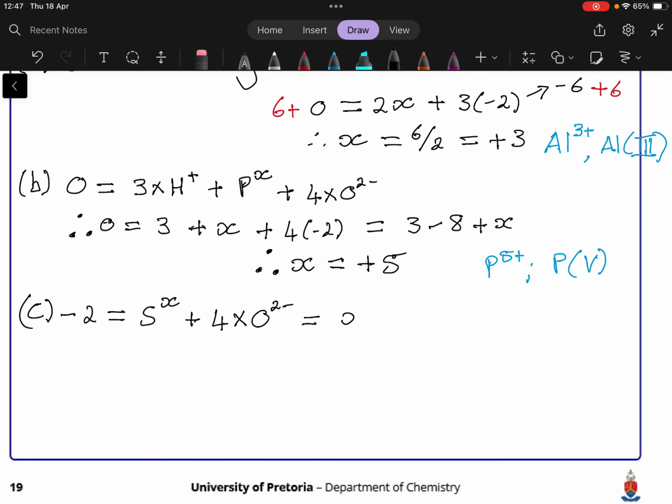So that means it's x minus 8. And we take minus 8 to that side. It becomes plus 8. So 8 minus 2, it means x is equal to plus 6.